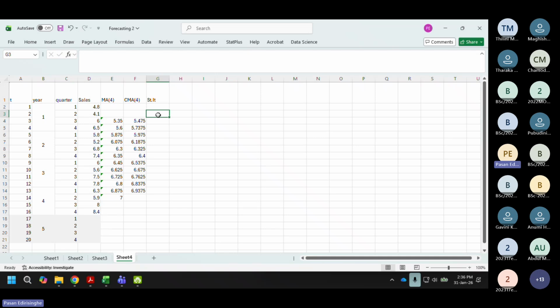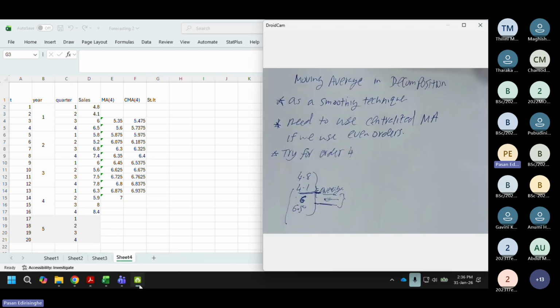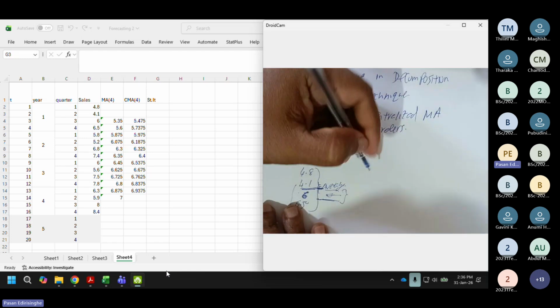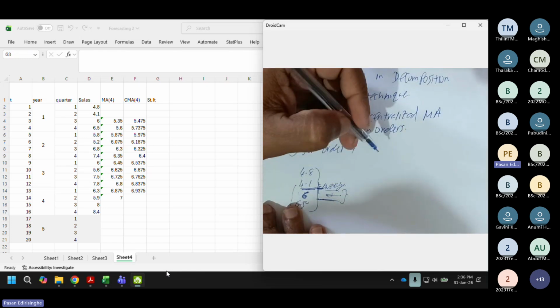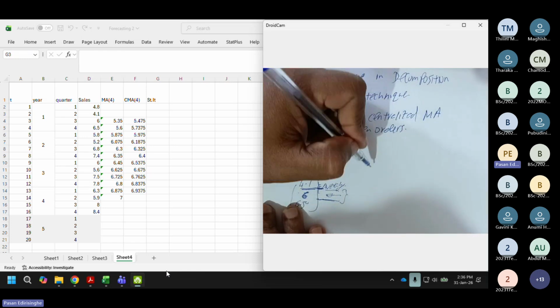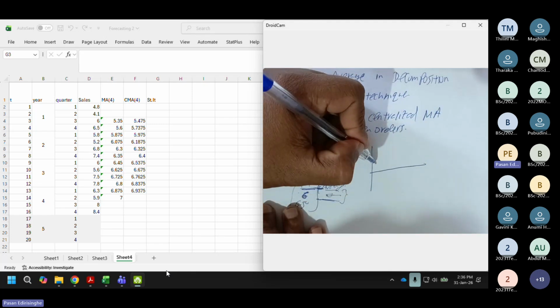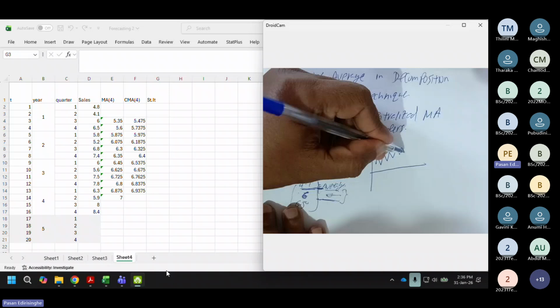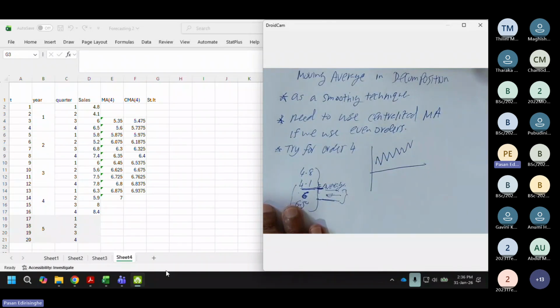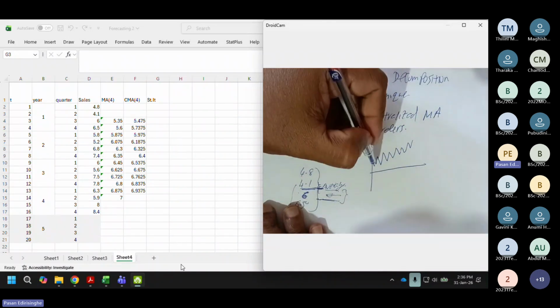What happens now if we are smoothing it? Imagine we have some data set that goes like that, and we try to smooth it.